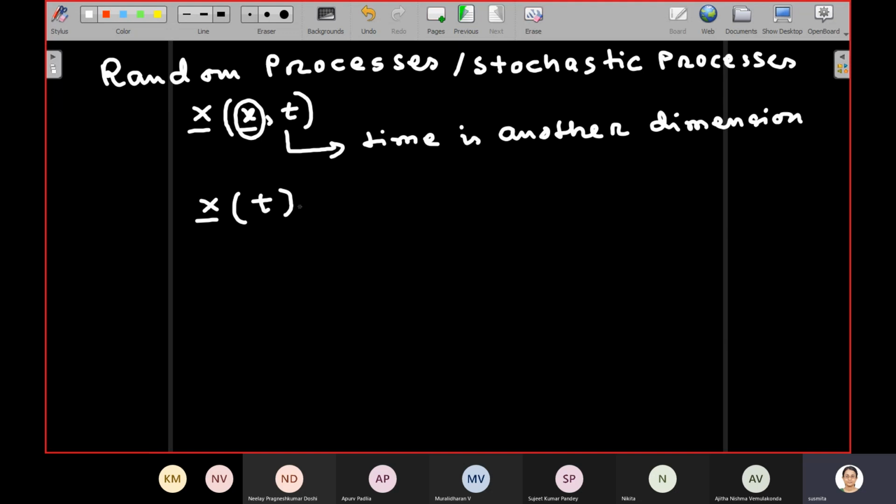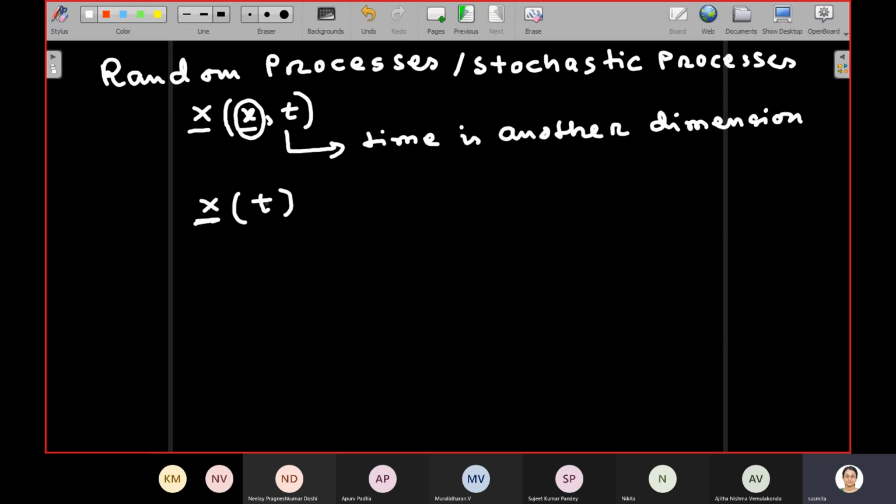Now since the random process evolves in time, if we sample it at different time instants, we actually get different random vectors. Here, by putting a bar underneath, we are considering an n-dimensional process.